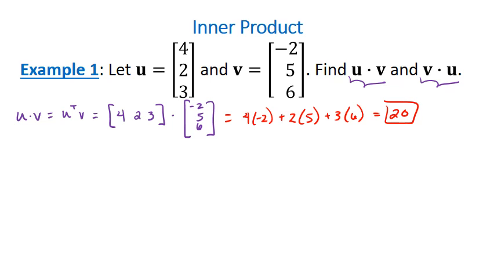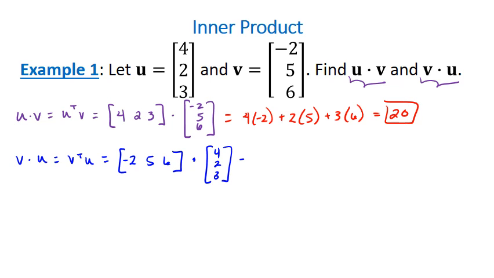On the other hand, if I want to find v dot u, this is the same thing as v transpose times u. So v transpose is this here, and here is u.